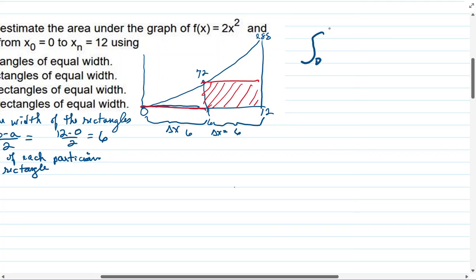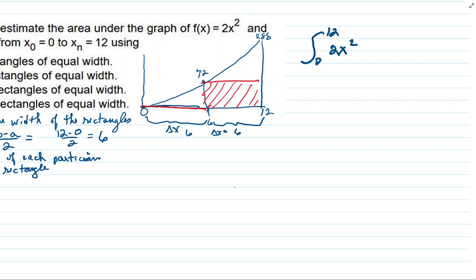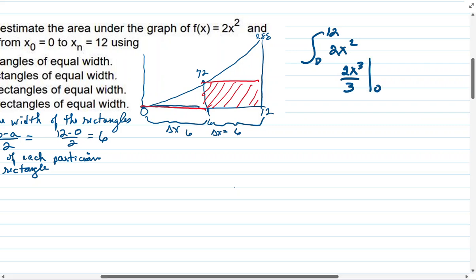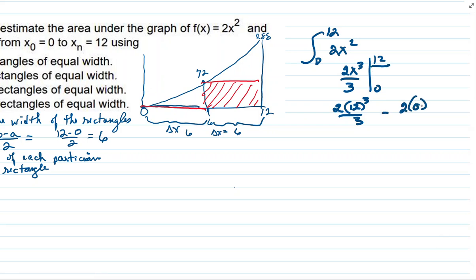This is from 0 to 12 of our function 2x squared. Well, we would add 1 and divide by it. And then we haven't really learned this process, but it's very friendly. And then we would do 2 times the 12 cubed divided by 3, and then subtract 2 times the 0 cubed divided by 3, because it's the upper, the b, minus the a.